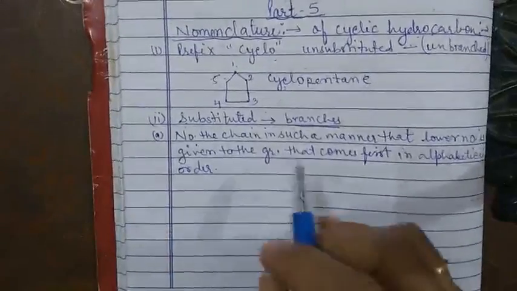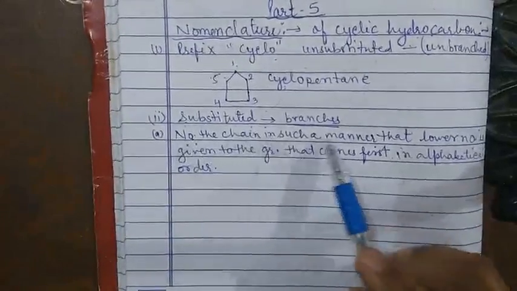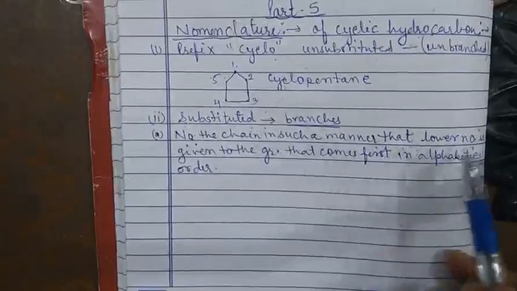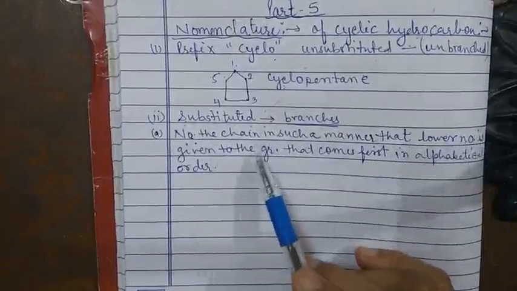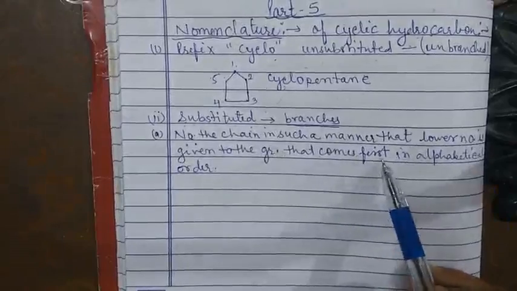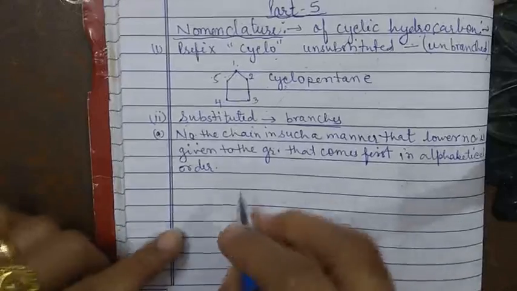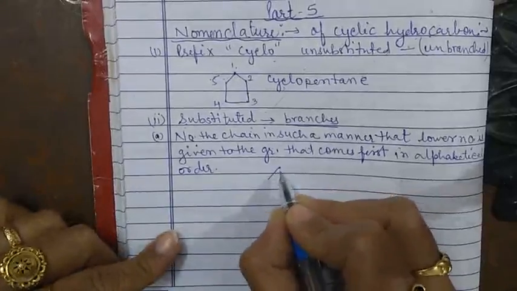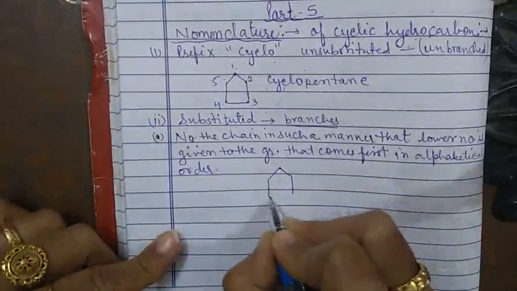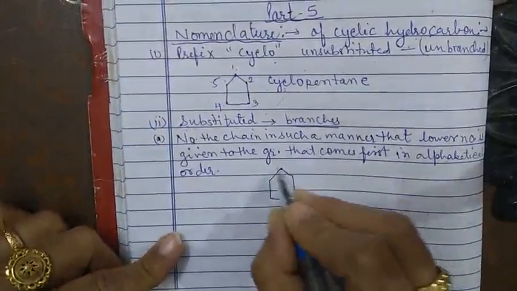So this is the first rule. Number the chain in such a way that the lower number is given to the group that comes first in alphabetical order.